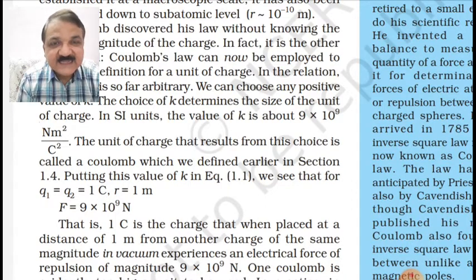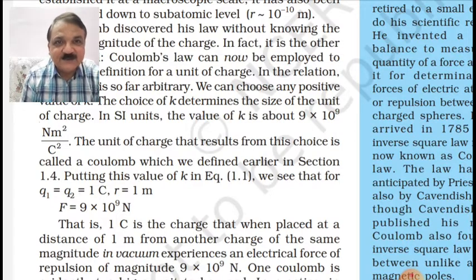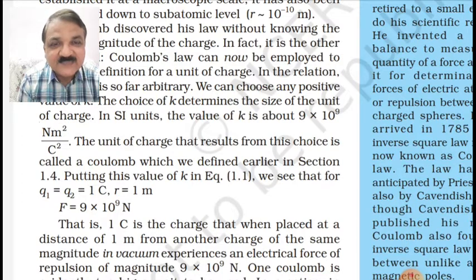This statement F is equal to K Q1 Q2 by R square is similar to F is equal to capital G M1 M2 by R square, and you are already familiar with it, which is the mathematical form of Newton's law of gravitation. So in these two laws, what is similar? That F is proportional to 1 by R square.